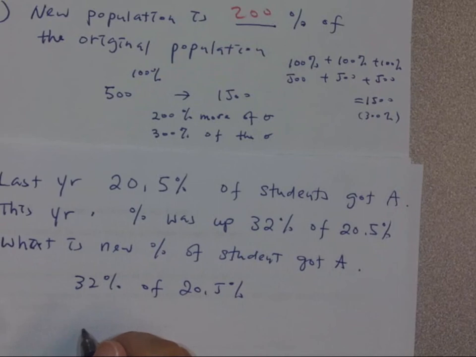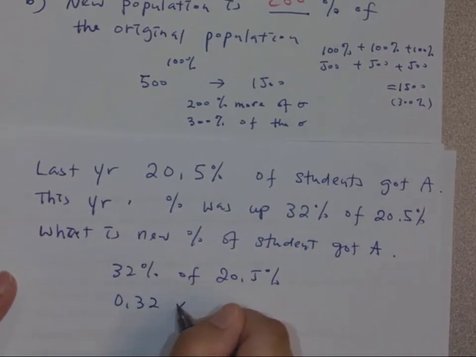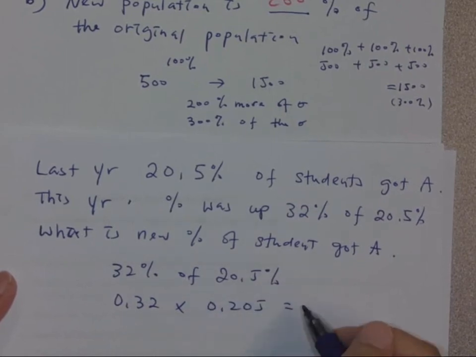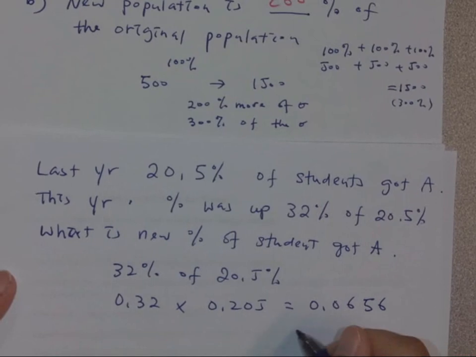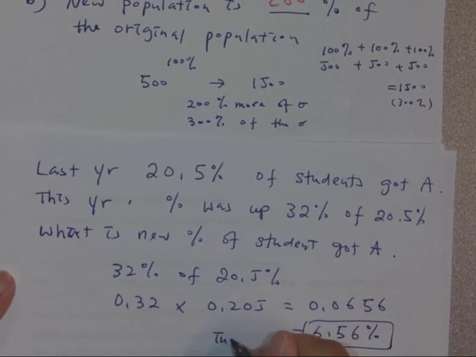If I change it to decimal, it's 0.32 times 0.205. Somebody get me that number, please. Which is how many percent? 6.56%. Okay, got it. So that's the increase, right?